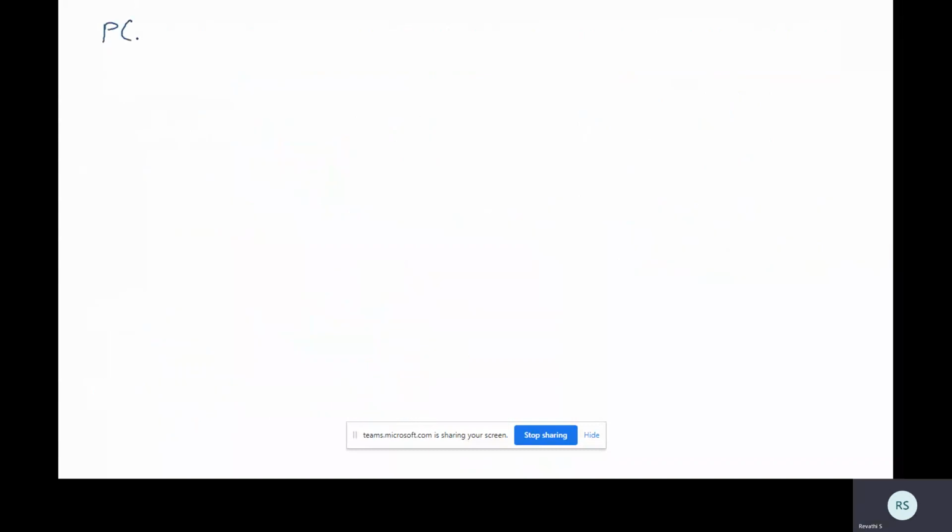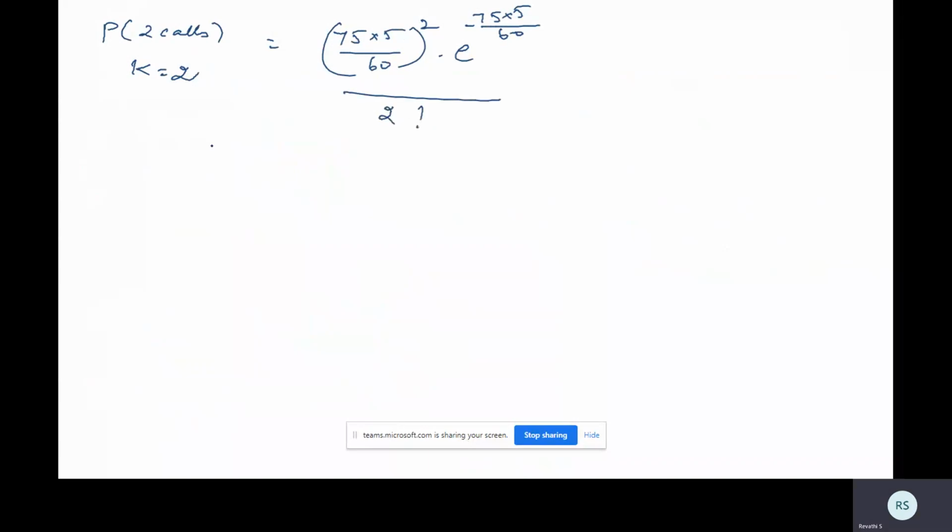Next, in a similar way you have to do it for probability of 2 calls. Here you put k equal to 2. So lambda t, 75 into 5 by 60, the whole power k, so k is 2, into e power minus lambda t, divided by k factorial, that is 2 factorial.